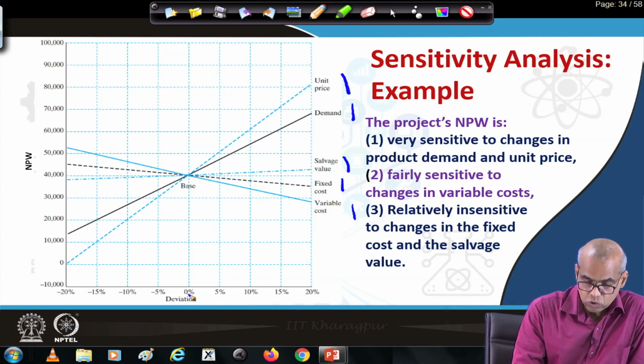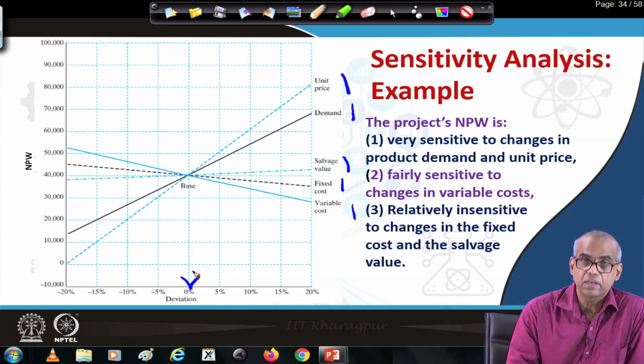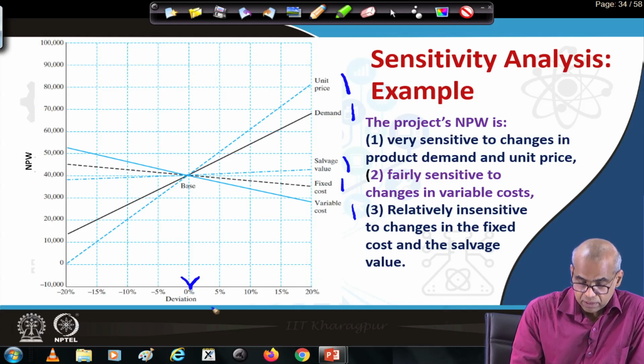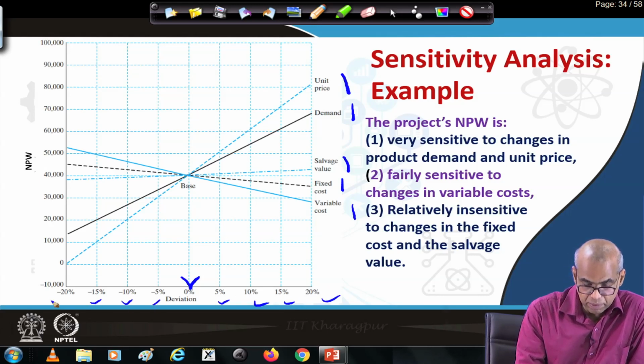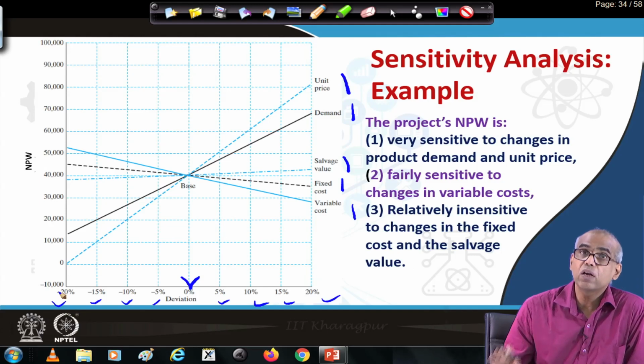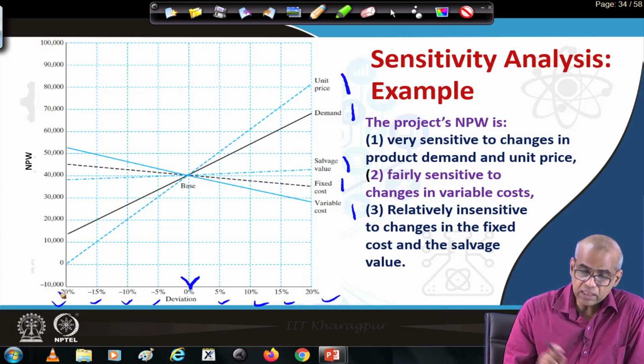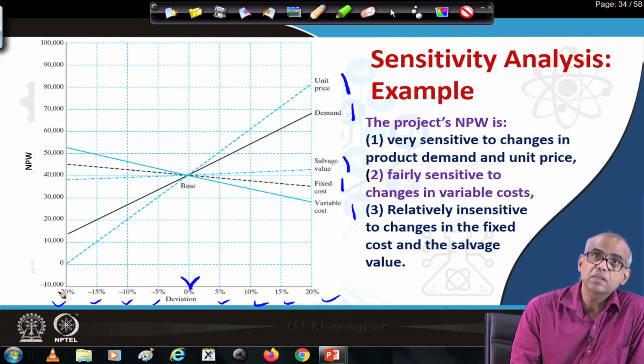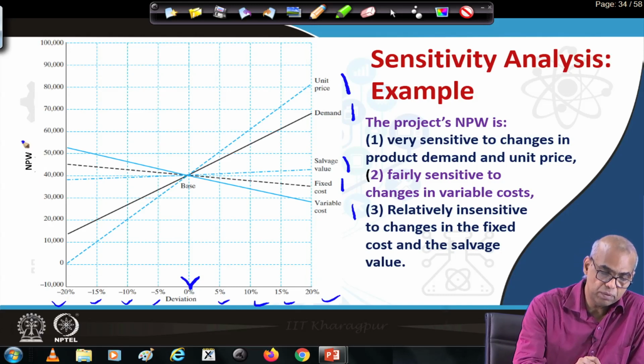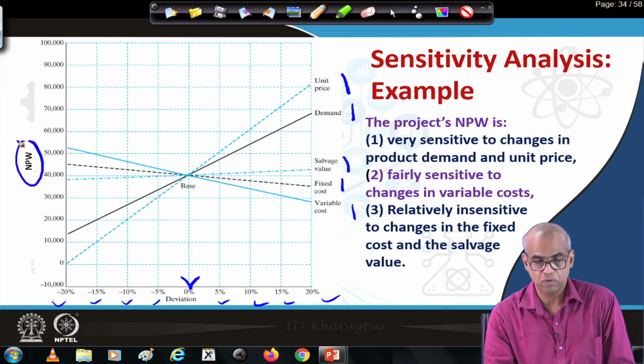The base case corresponds to 0% deviation. Each factor in turn has been varied by 5%, 10%, 15%, 20%, minus 5%, minus 10%, minus 15%, minus 20%, holding all others constant. And in each case, we have found out the net present value, NPV or NPW. Then you have made this plot.